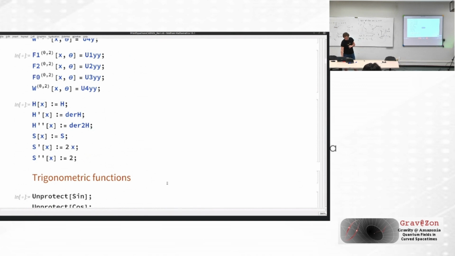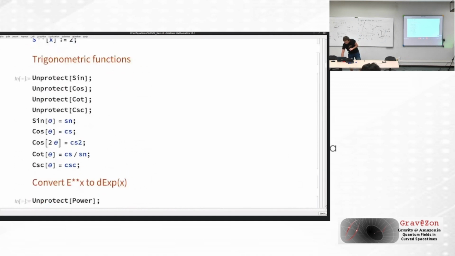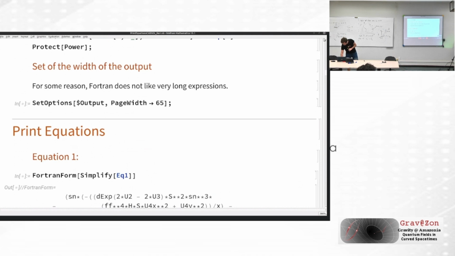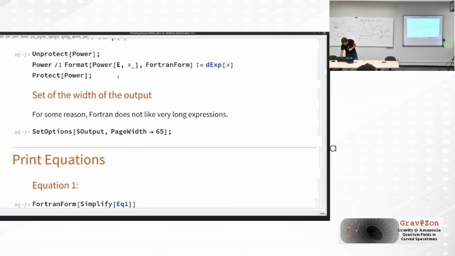For example, the h function and its derivatives, and also the s, we write just a name, and then you define the name within the Fortran file, just to not have very large expressions. It's easier this way. Then for the trigonometric functions, we write the sine, cosine, and the other ones in this way again, just to simplify everything. And here we do the same for the exponential.